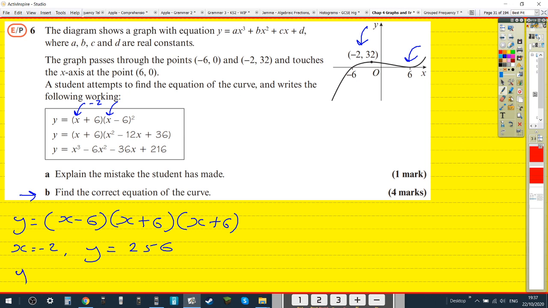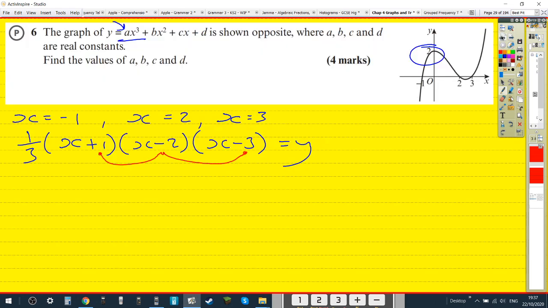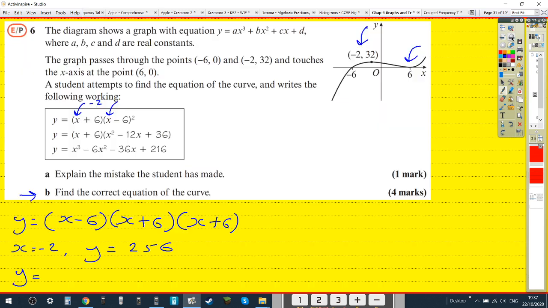In our previous one, we should have gotten 6, but it was actually 2. How did we deal with that? We multiplied it by a third. And so this one, multiply it by an eighth.